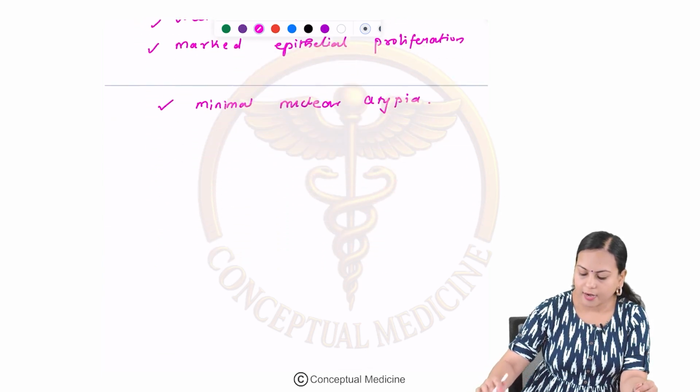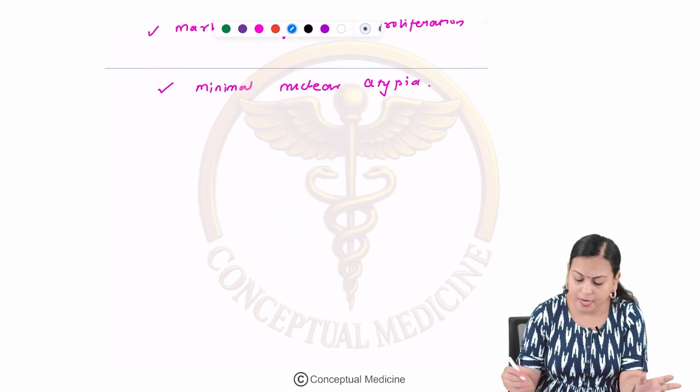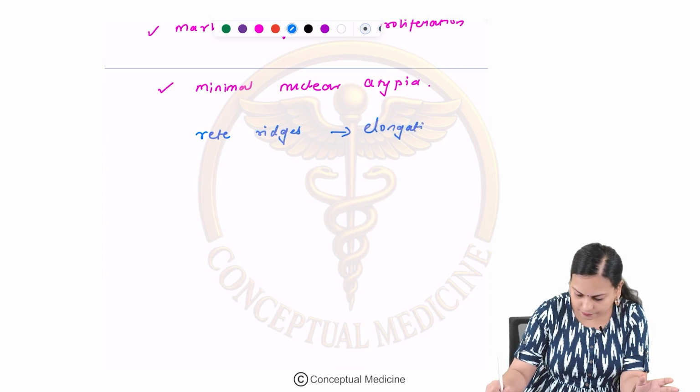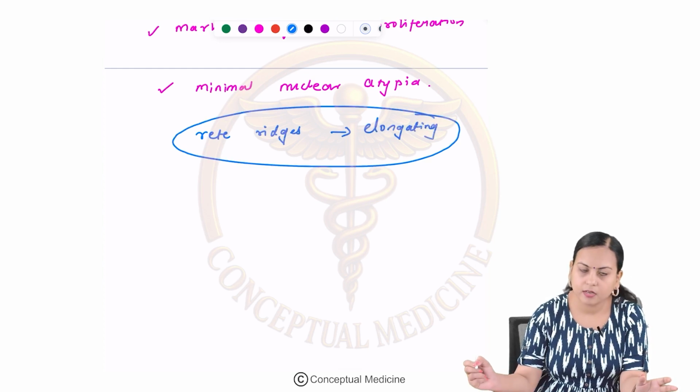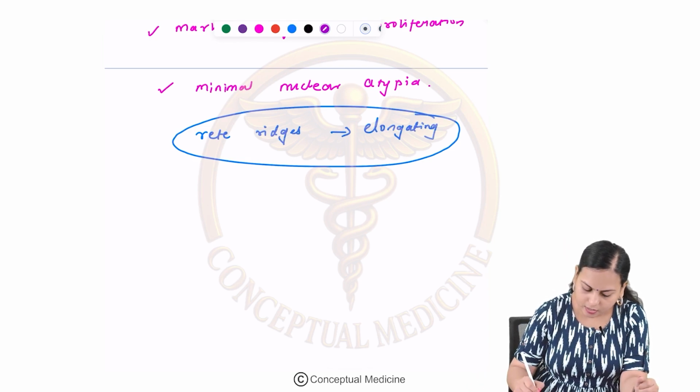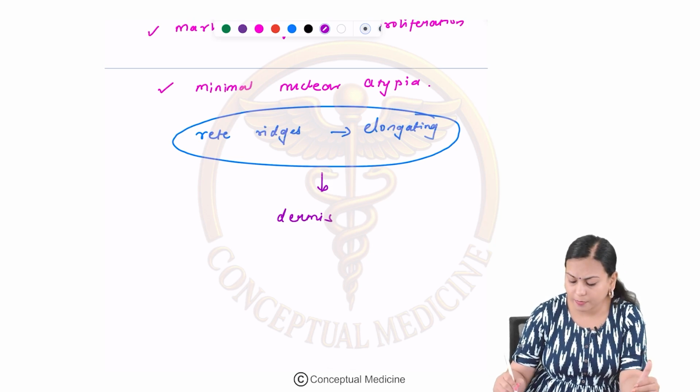Okay, and this tumor expands with reed ridges which are elongating, and this is the characteristic feature of this cancer. So these elongating reed ridges will be going into the dermis so that it will be causing a pushing pattern.